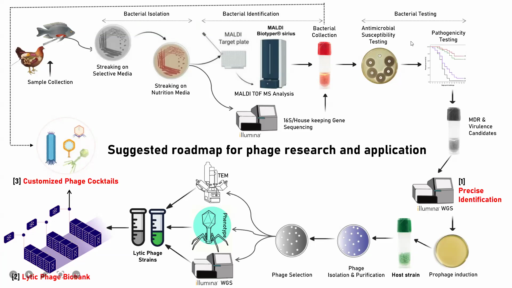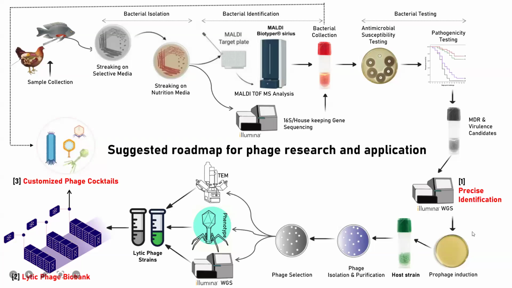After we have the collection of the bacteria, we can do antimicrobial susceptibility testing to identify multi-drug resistant bacteria or normal bacteria. After that, we do pathogenicity testing to identify the virulence of the bacteria. After that, we have to conduct experiments to identify the candidates of the host that are used for the phage isolation.